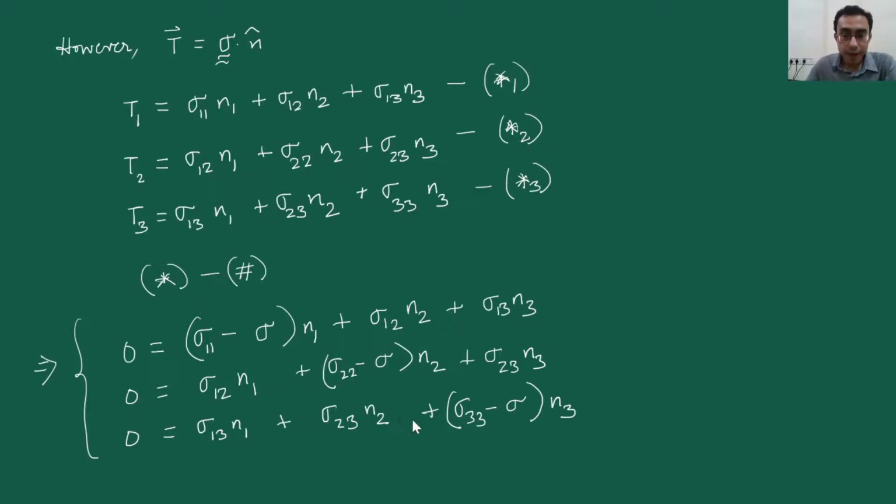Now the moment we have these things, you can understand that this can very well be set up in a matrix form, because each of these equations has the n1, n2 and n3, which you note are the scalar components of the unit vector of concern.